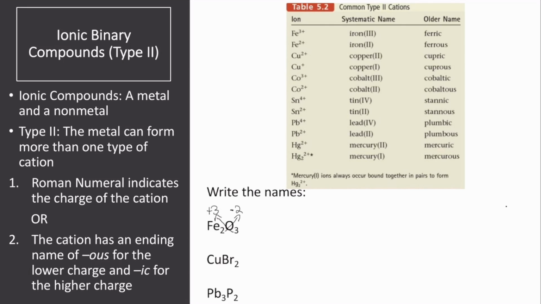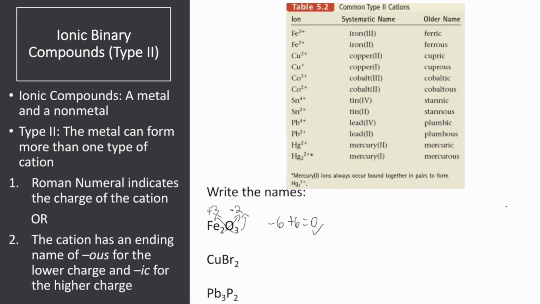So the charge of iron is +3 and the charge of oxygen is -2. And this compound must be neutral, so the total charge must be 0. So to check that, multiply 3 times -2 is -6, and then 2 times +3 is +6, that equals 0, which is fine for a neutral charge.